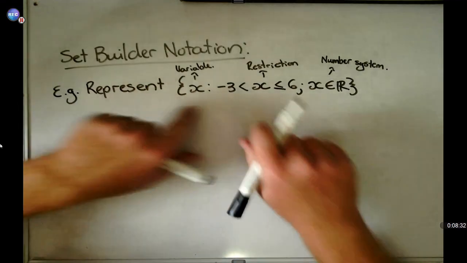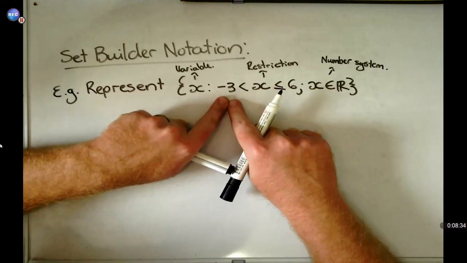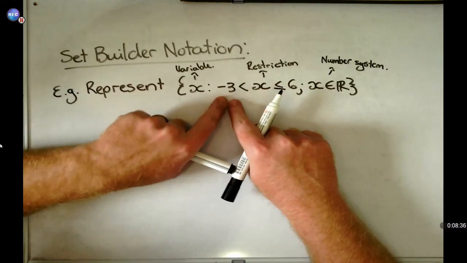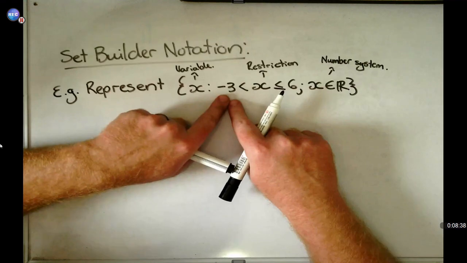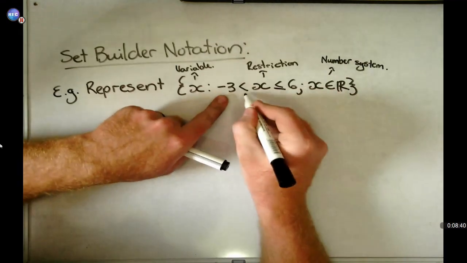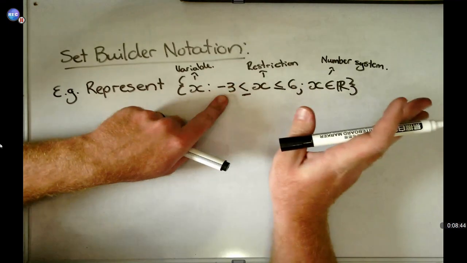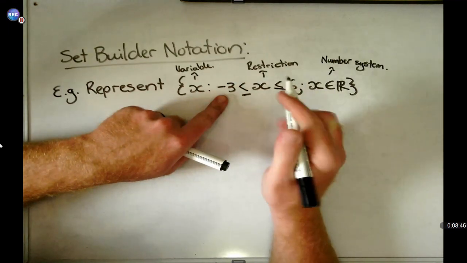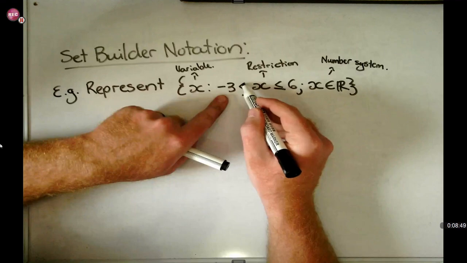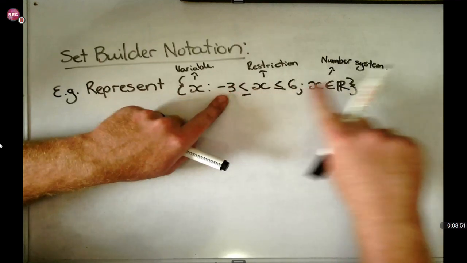Now, you can see over here that you've got a -3, which means that your number line is going to start at -3. And how do I know that? Because if you look at this sign, it is open to the right side and not to the -3 side, which means it is going away from -3.